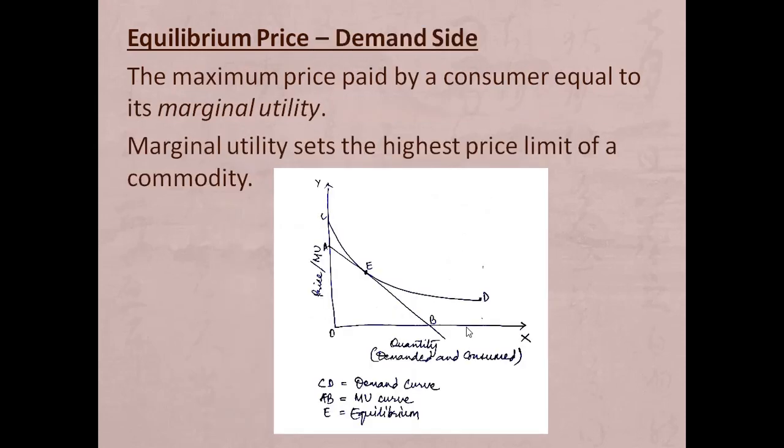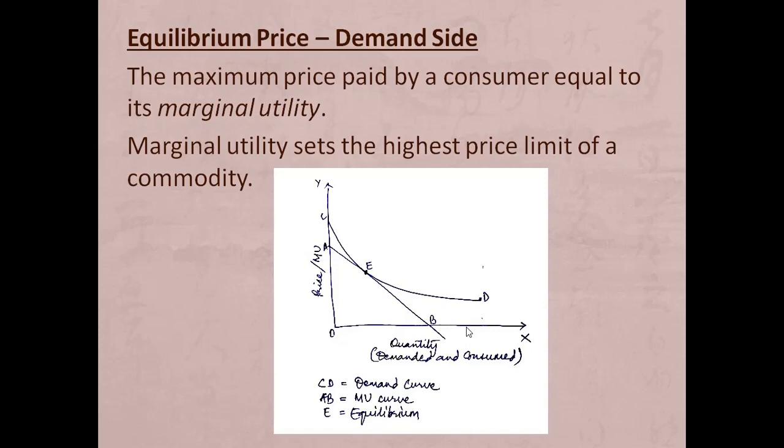Now equilibrium has two aspects. The first aspect is your demand side. You already know that consumers want to pay as little as possible and get the maximum benefit.